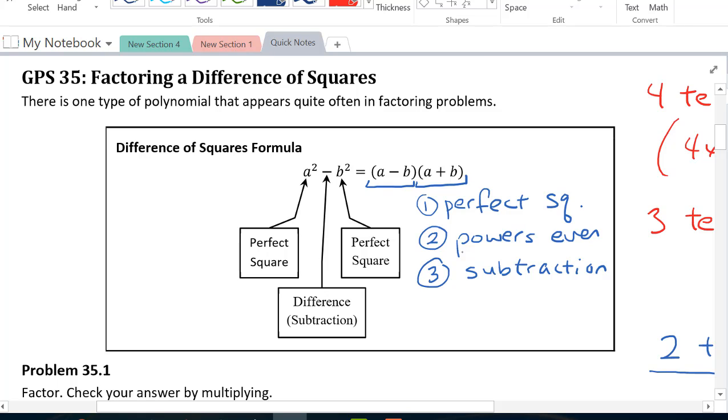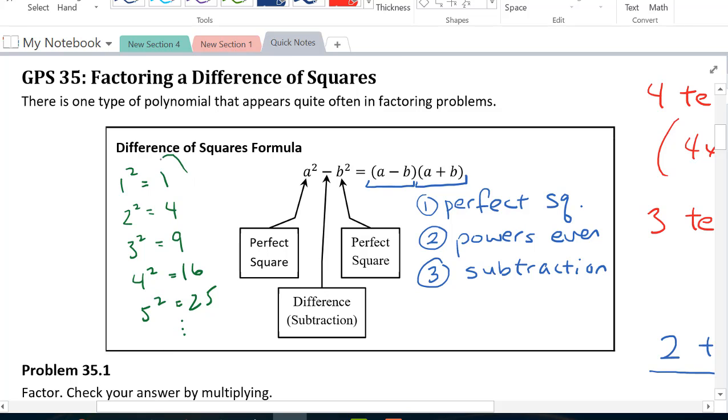Let's talk about perfect squares. What are perfect squares? If you don't know, we should list them. Let's start with 1. 1 squared is 1. 2 squared is 4. 3 squared is 9. 4 squared is 16. 5 squared is 25, and so on. 6 squared would be 36. 7 squared would be 49.